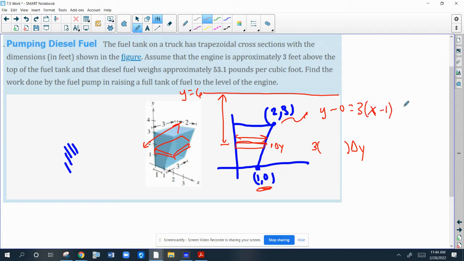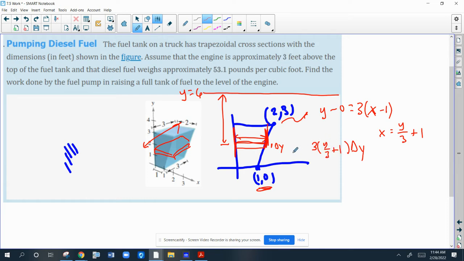We're going to want to solve this for x. So x is y over 3 plus 1. So that's the length of this. That will be the right x right here, which is y over 3 plus 1, minus the left x, which is 0. So y over 3 plus 1.